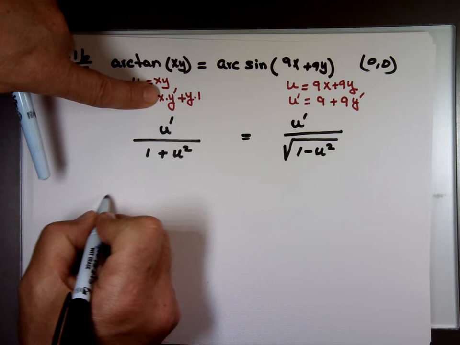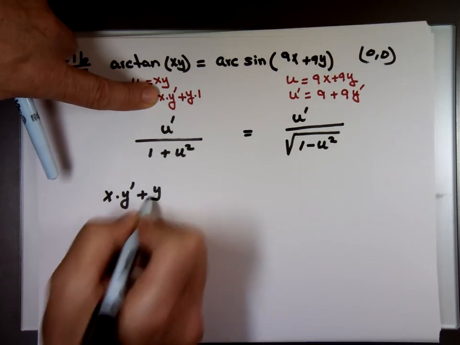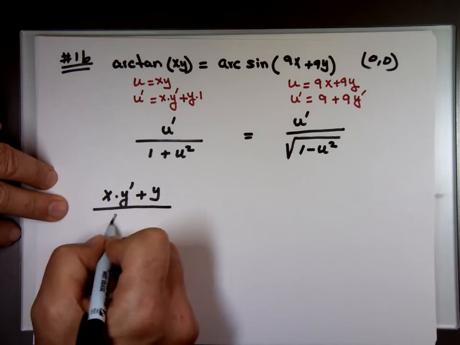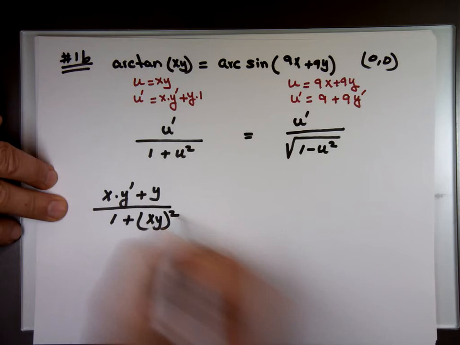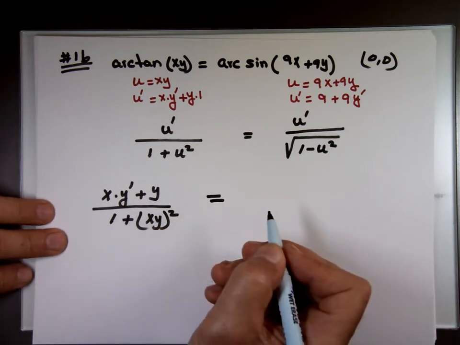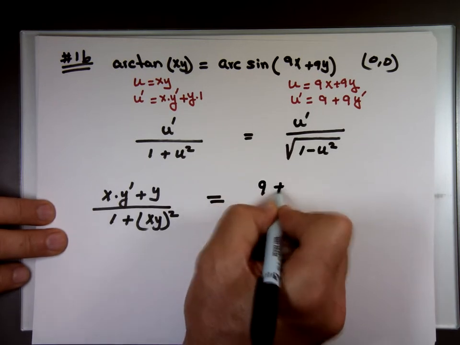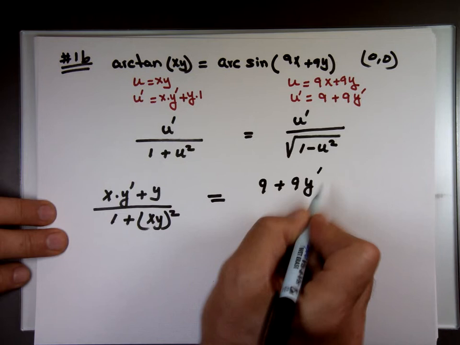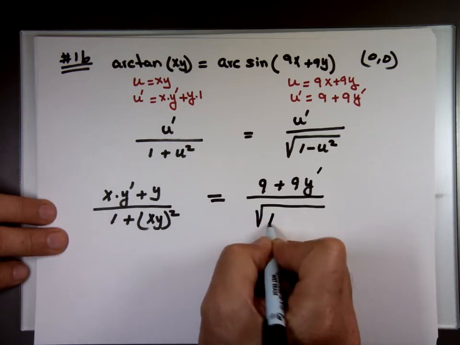X times y prime plus y over 1 plus xy squared equals 9 plus 9y prime over the square root of 1 minus.